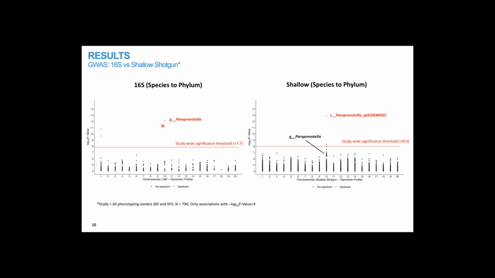The strongest association was with the genus Paraprevotella, while for shallow shotgun data, the strongest association was seen for one of the Paraprevotella species, which is going to be important for us because if we know the species, we can track the genome of this species and try to find what are the bacterial genes there that can be responsible for this association.